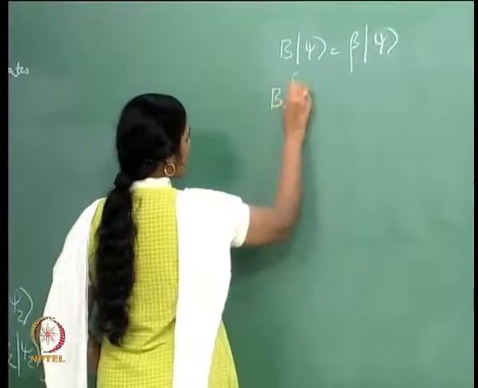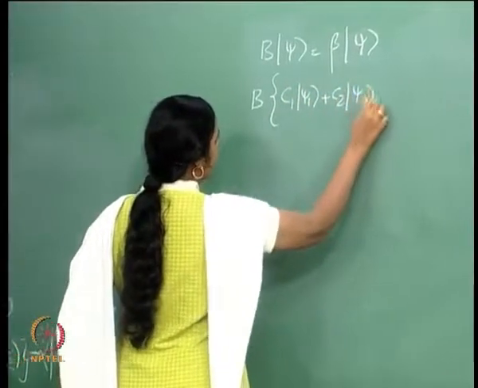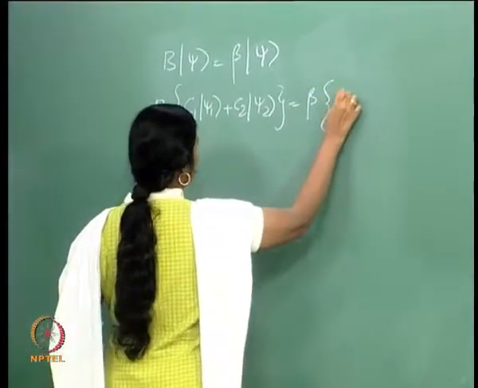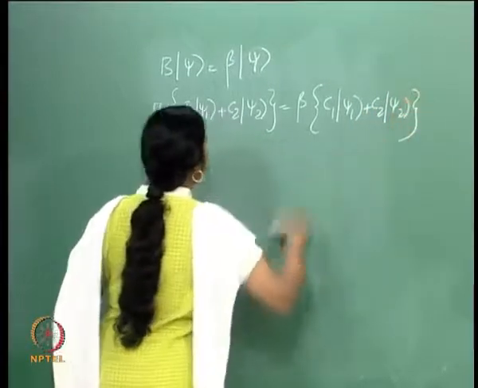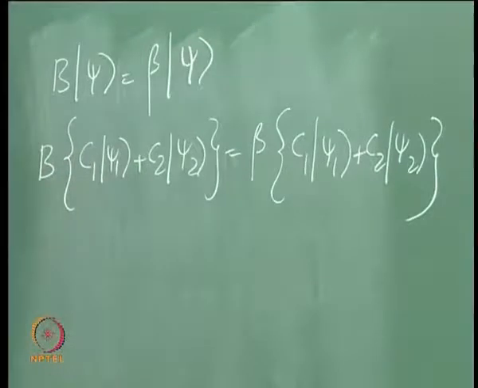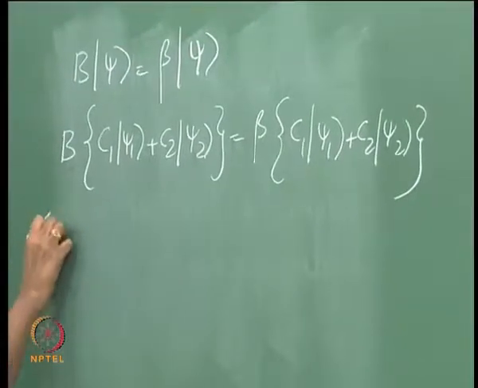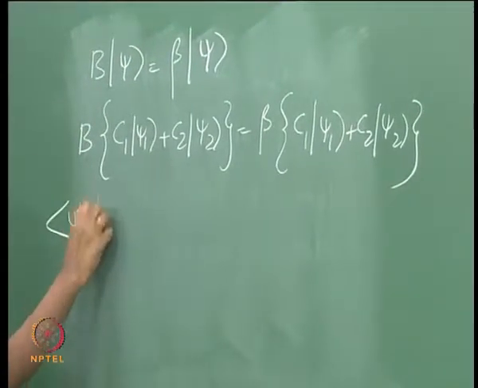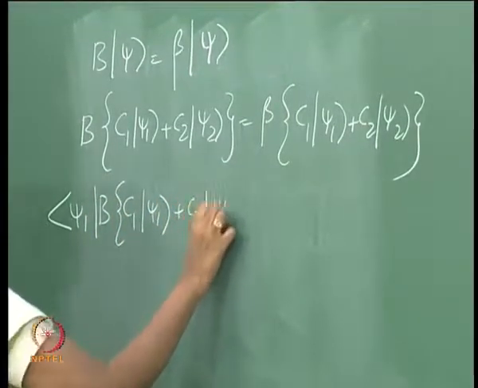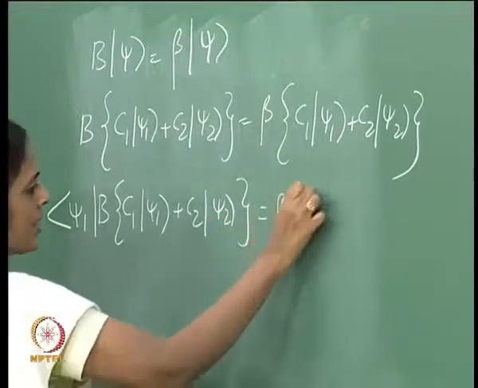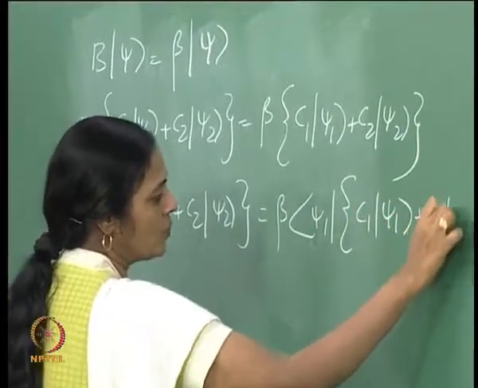So this is the same as saying, expanding psi in terms of psi 1 and psi 2, we have this. Now let us go ahead and do the following operation: psi 1 B acting on C1 psi 1 plus C2 psi 2, that is clearly beta psi 1 C1 psi 1 plus C2 psi 2.